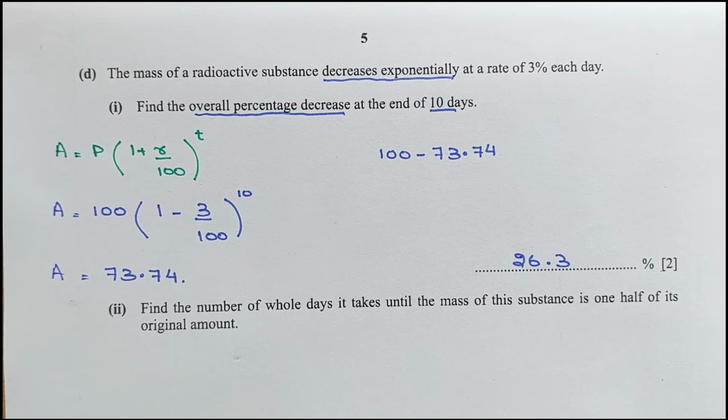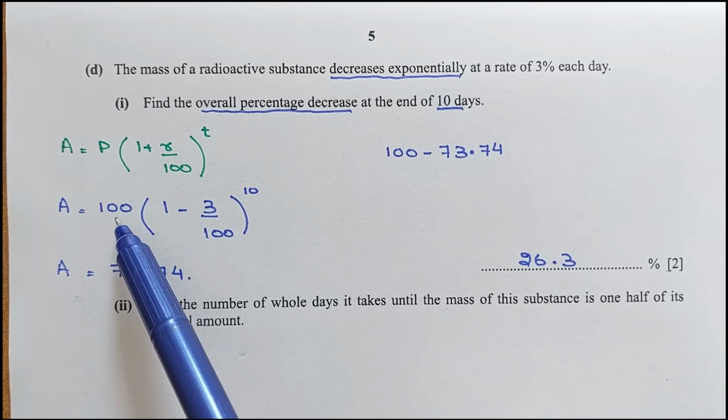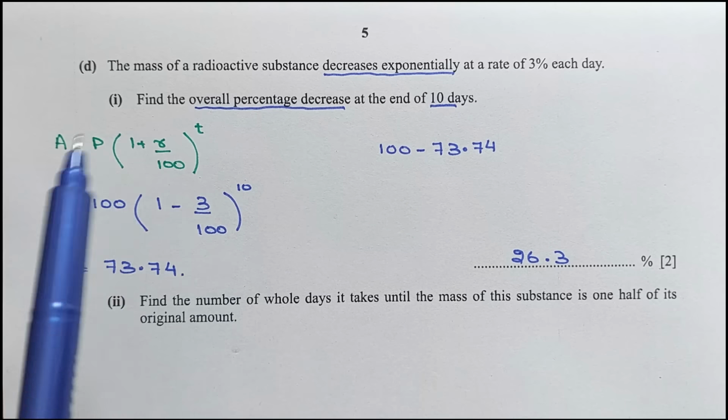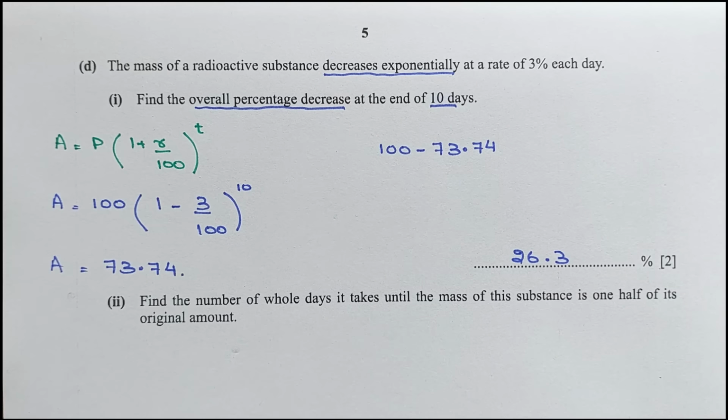If we think logically, each day it is decreasing by 3%, so on the first day it is 100%, then it decreases 3% on the second day, on the third day 6%, on the fourth day 9%, and so on. So initially on the first day it is 100%, so the initial value I used is 100%. Now I got the amount. Now if we think logically again, we have to find the overall percentage decrease at the end of 10 days.